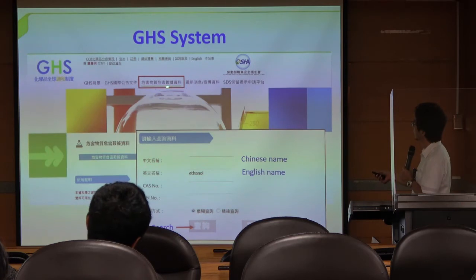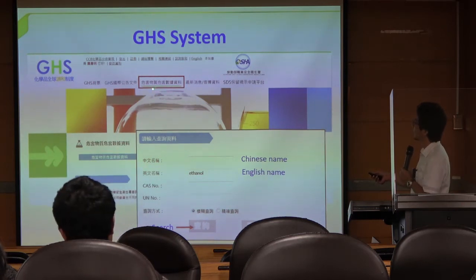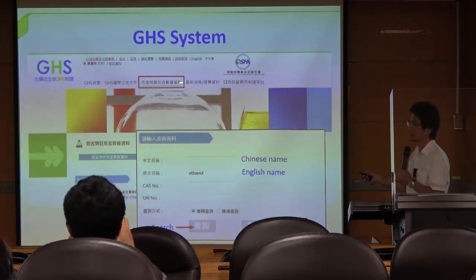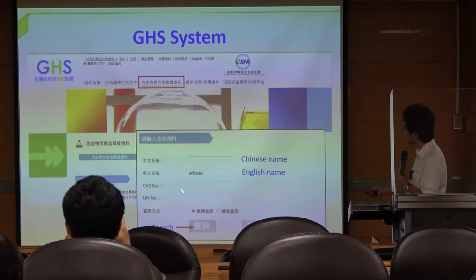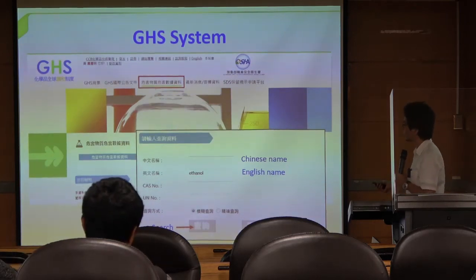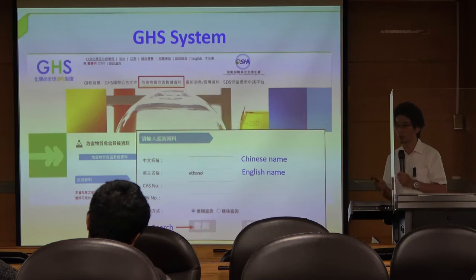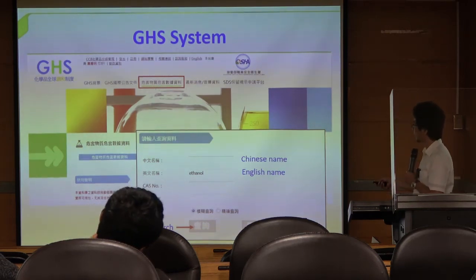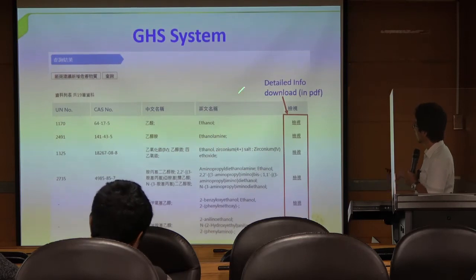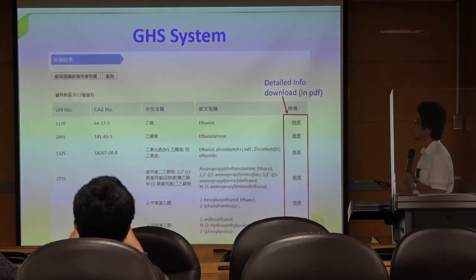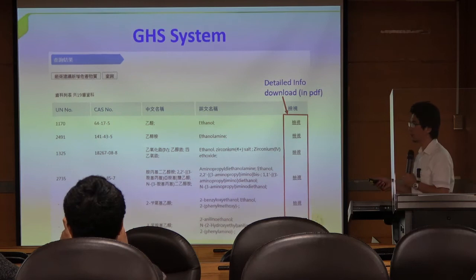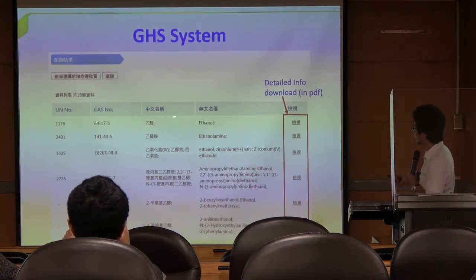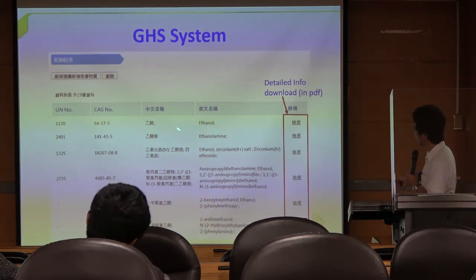Then you can have the hazardous material data here. You can search by Chinese name or English name for the reagents. For example, if you type in ethanol, then you get all the ethanol data for the SDS, so you can choose which one is your ethanol.